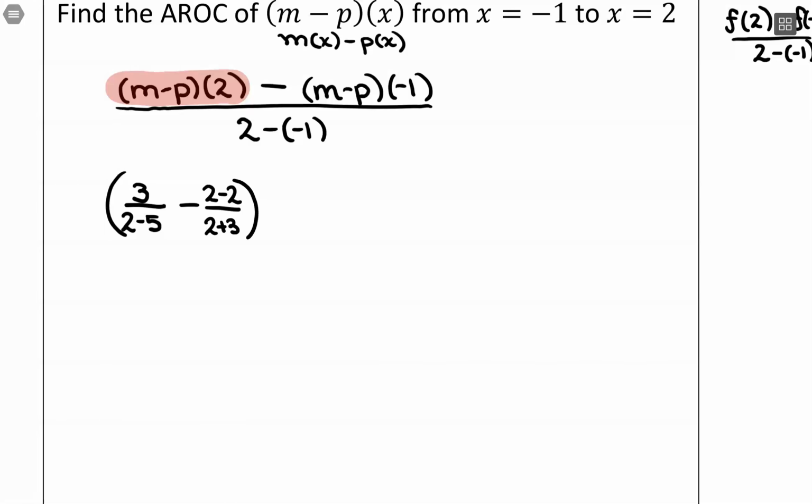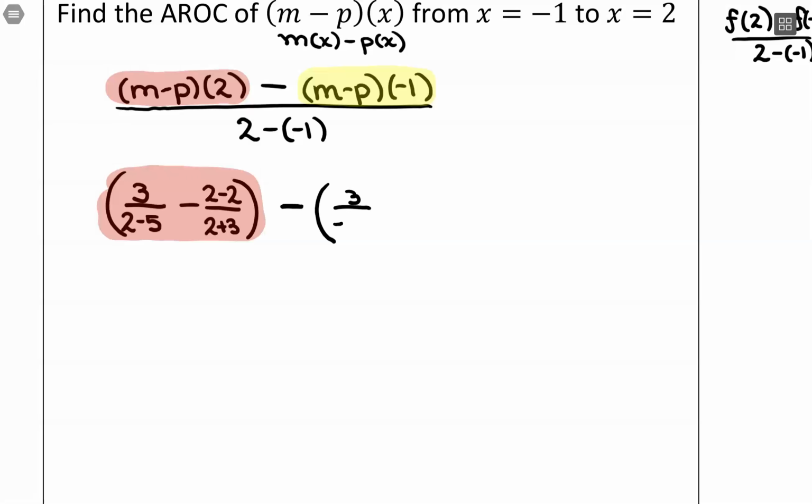So that right there matches up with what I highlighted in red up above. Now what I want to do is do the same thing, but plugging in -1. And then I'm going to have subtraction between these two pieces. So I'm going to have my subtraction symbol, and I'll start parentheses, and I'm going to do the same thing, but plugging in -1.